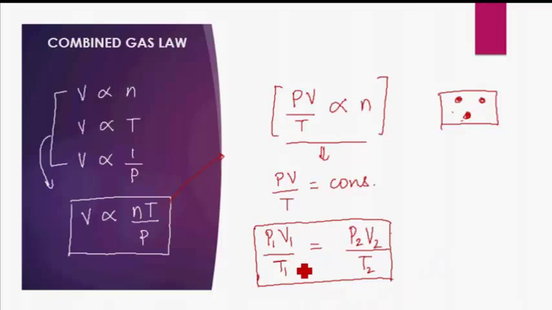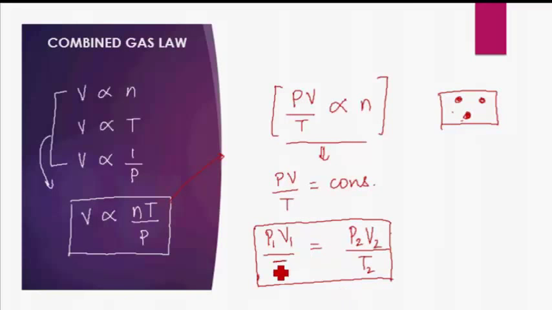Okay, and using this equation we can solve various questions where instead of two, all the three variables are getting changed. Okay, up to now we were only changing two variables at a time, like pressure and volume, or pressure and temperature, or volume and temperature, and so on. But now we have decided to change all three, and this equation helps us to solve the problems where all of these three are changing.